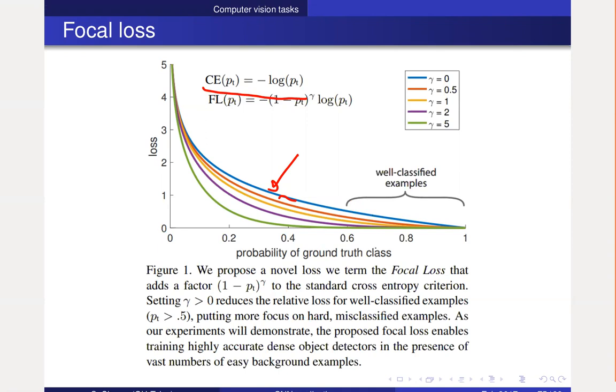Basically, this is the probability of the ground truth class, so when this is high, it means it's actually an easy example. So what they try is to change the shape of this loss a little bit. They adjust the equation to make it skew more toward the lower probability values, so that it gives more emphasis to the more difficult samples.